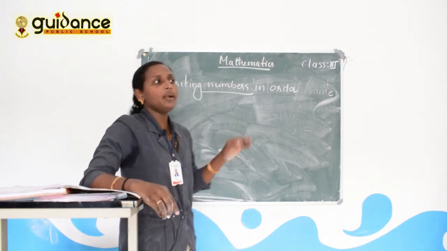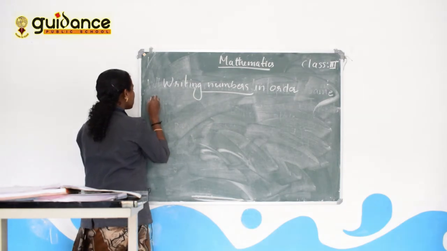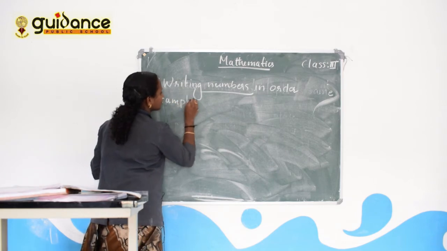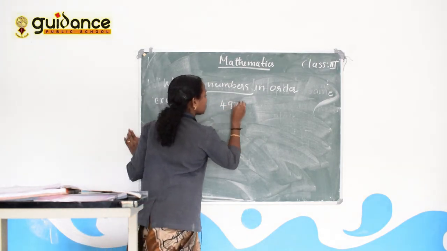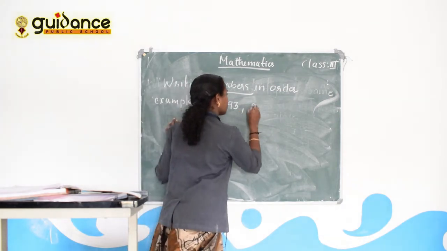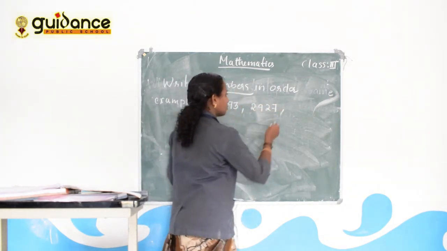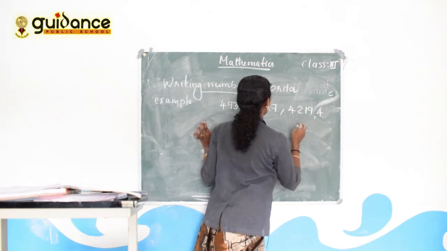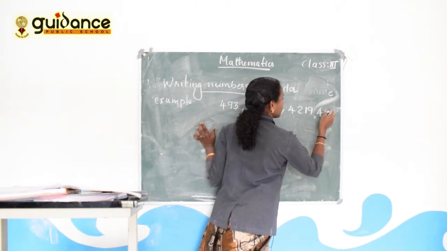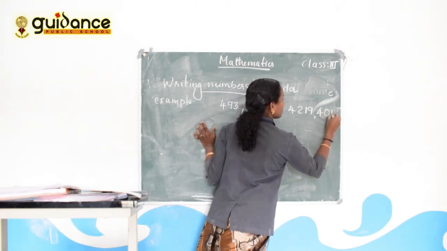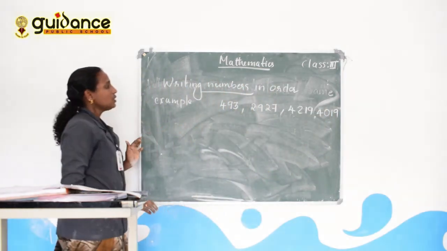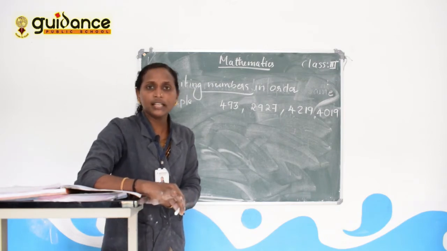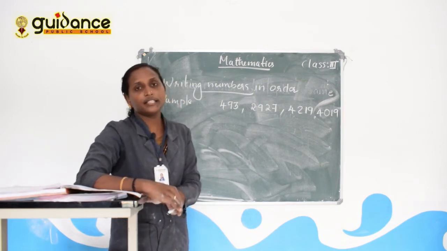I'll write one example. So these are the numbers. These numbers can be arranged in ascending order and descending order.